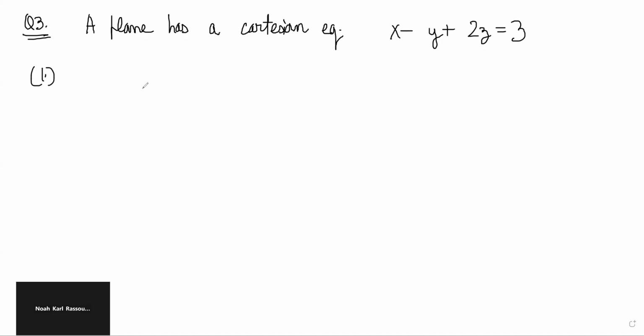You have to first find a unit vector n normal to the plane. Find a unit vector n normal to the plane.